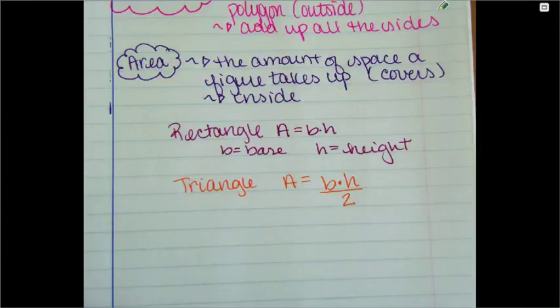As soon as I throw in a fraction for you guys, you get scared and stop doing your work. And it's not that hard. But dividing by 2 is a little easier to think of than actually multiplying by a fraction. So base times height, whatever that is, take that answer and divide by 2. Make sense? It's the same thing, just looks easier.